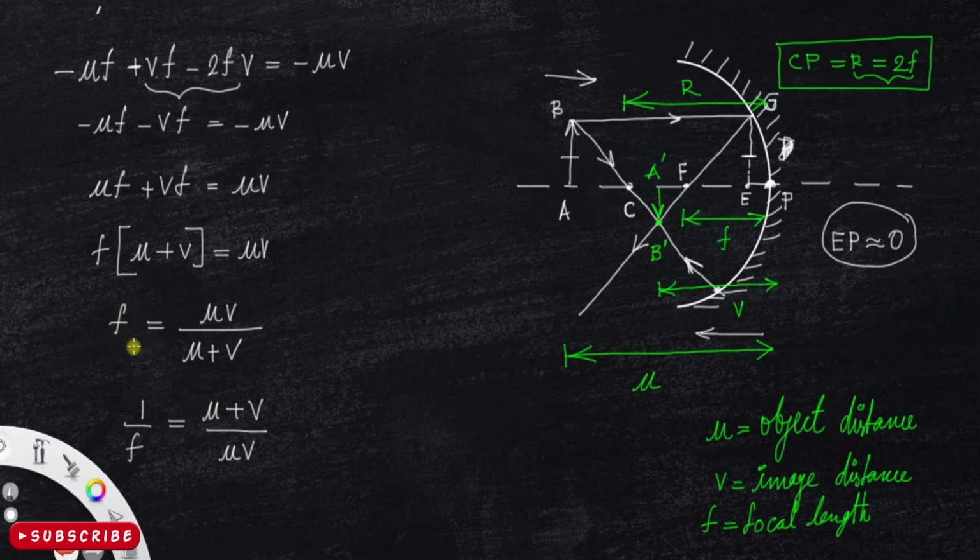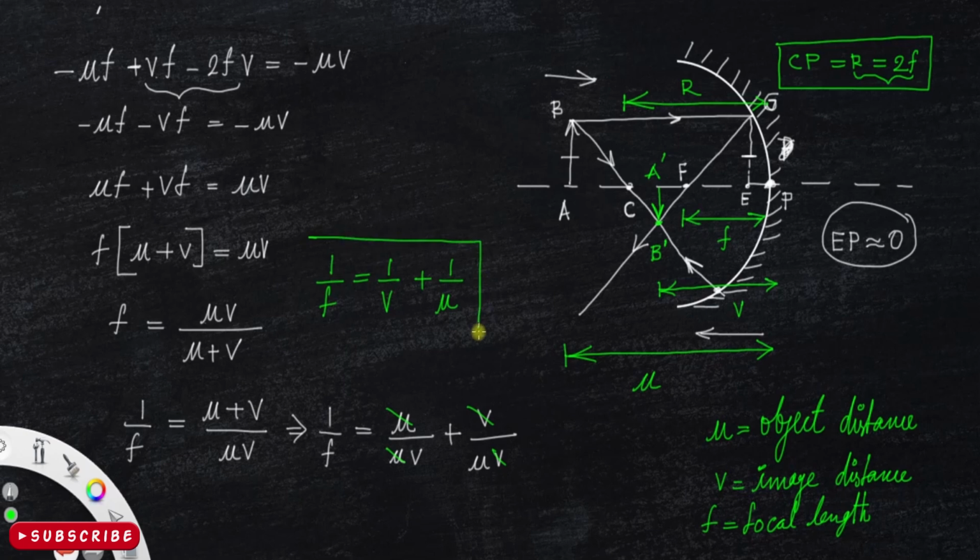Divide each term with UV: 1 by F equal to U divided by UV plus V divided by UV. Cancel this U, so it will be 1 by V, plus, cancel this V, 1 by U.